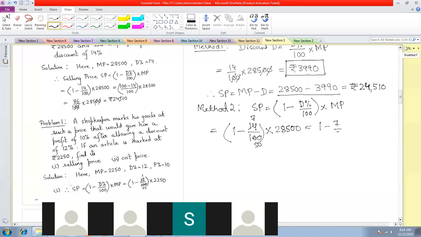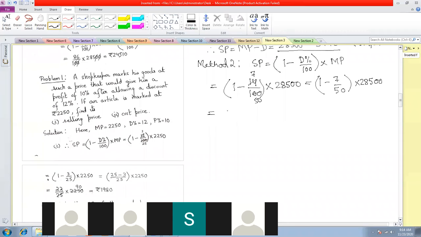So 1 minus 7 by 50 into 28,500. Take the LCM 50. 50 minus 7 into 28,500. So this is 43 by 50 into 28,500.